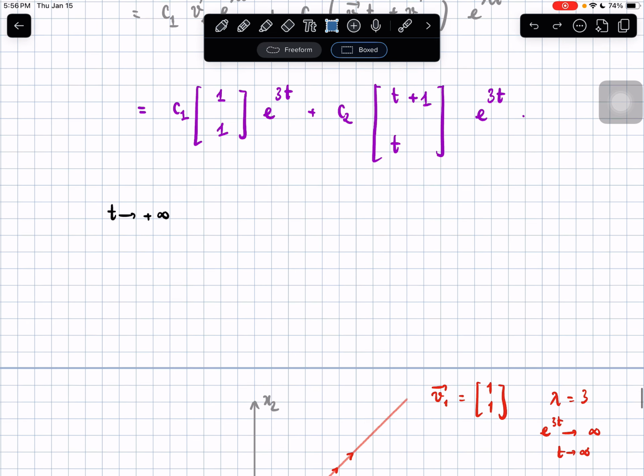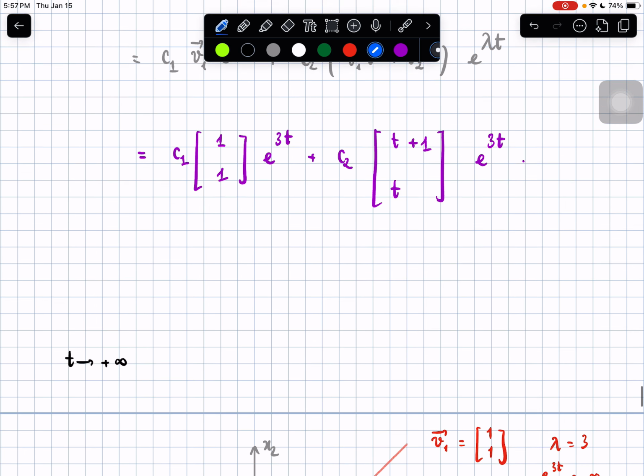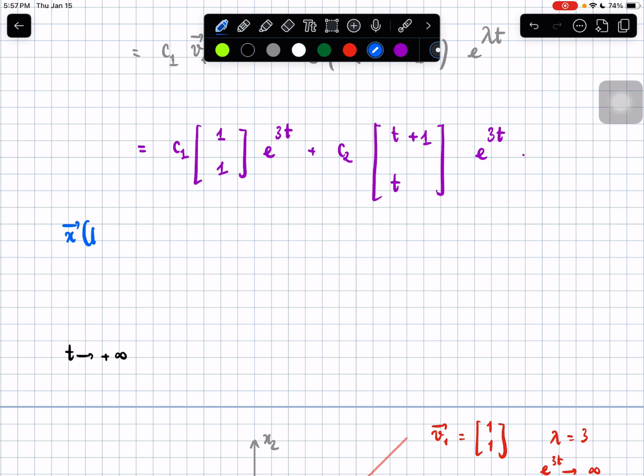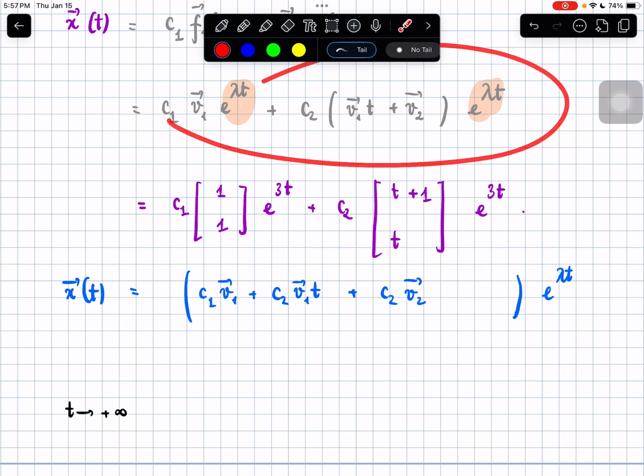Let me put it here: x(t) can be written as, so we have the e^(lambda t) in common, so this one is the same value. Inside we have c1 v1 plus c2 v1 t plus c2 v2. So this is what x(t) is in general.